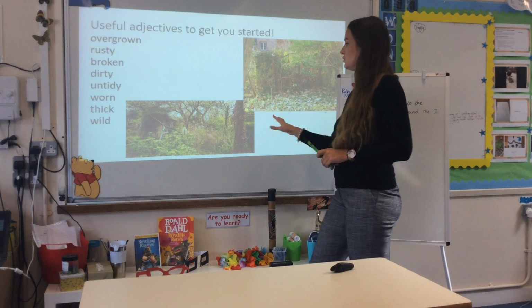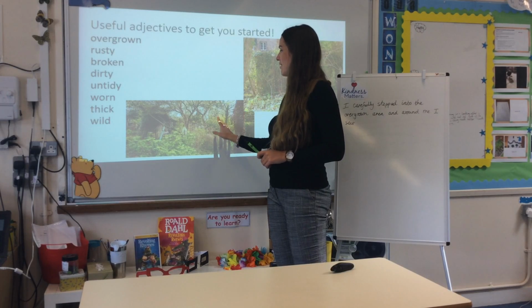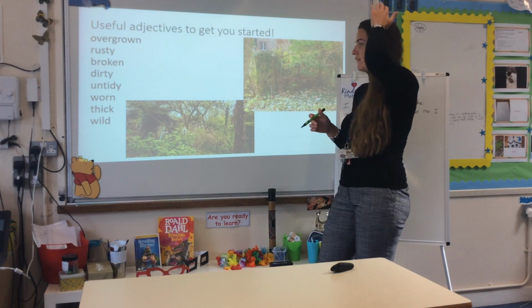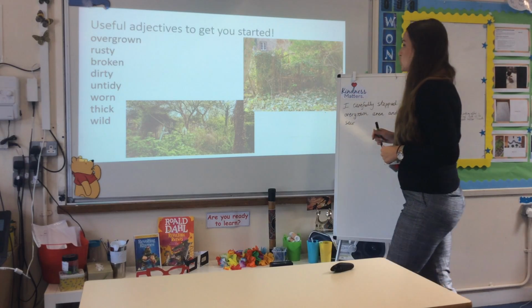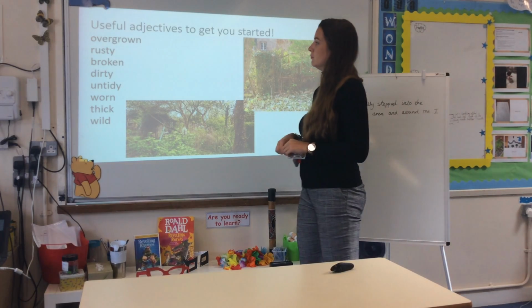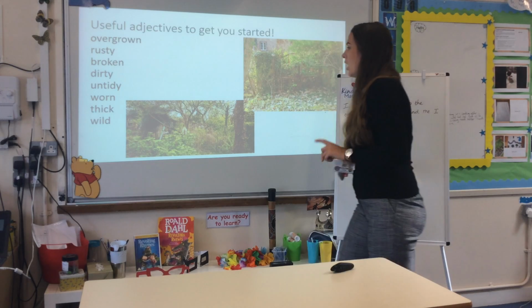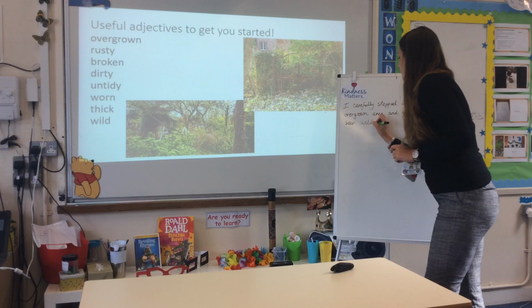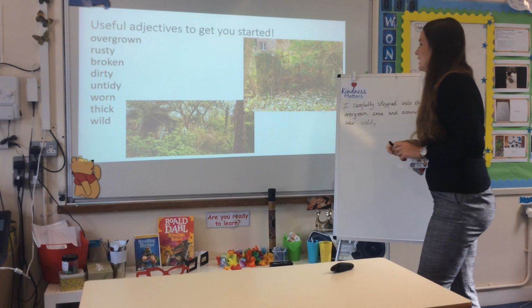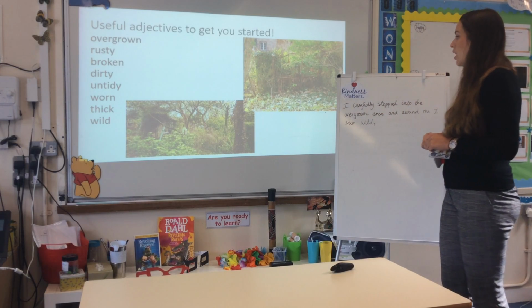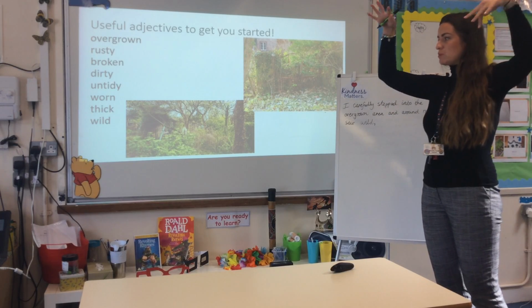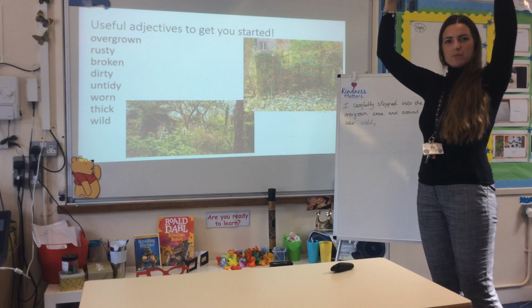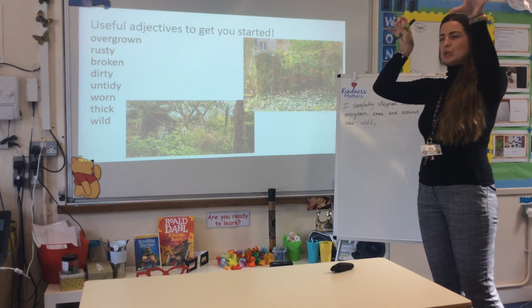So what could you see? Around me, I'm going to look at the trees first. The trees are going to be my first noun. And I saw wild. Now if I'm going to put a noun phrase here, I'm going to use a comma to list my adjectives. Wild. Now what do the trees' branches look like? They almost look like arms. So what do you think they might be doing?